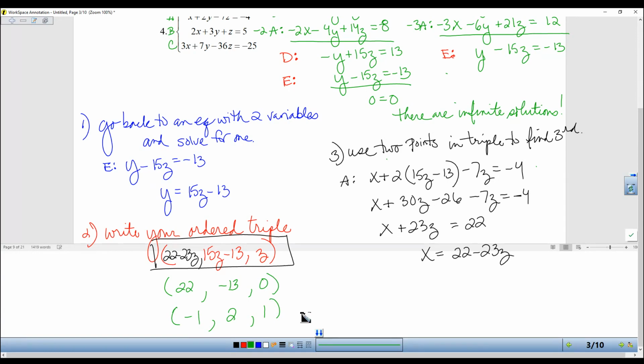If you're actually going to check back in an equation, like if I plug these into equation B, I wouldn't use the one with the 0, because 0 can mess things up and it can look right even when it's not. But 2 times negative 1 plus 3 times 2 plus 1 should be equal to 5. Negative 2 plus 6 plus 1, sure enough, is equal to 5. So you can feel very confident about your answer.